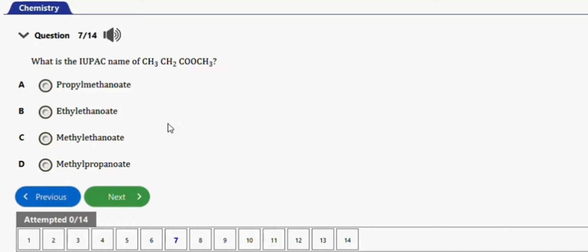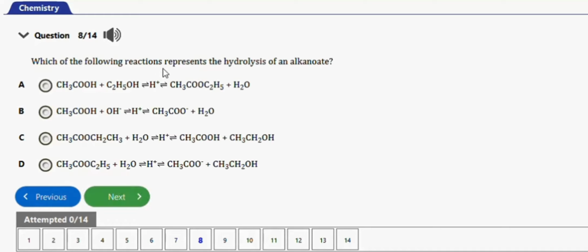All right, so the next question says, which of the following reactions represent the hydrolysis of an alkanoate? The one that represents the hydrolysis of an alkanoate is the one that involves water. So it won't be option A, because we're dealing with hydrolysis, right?